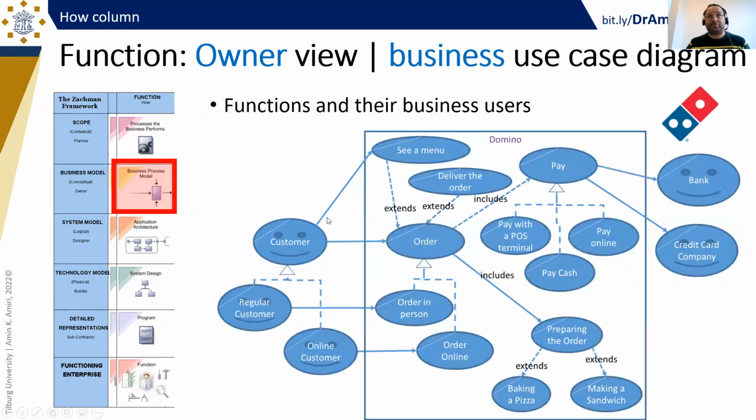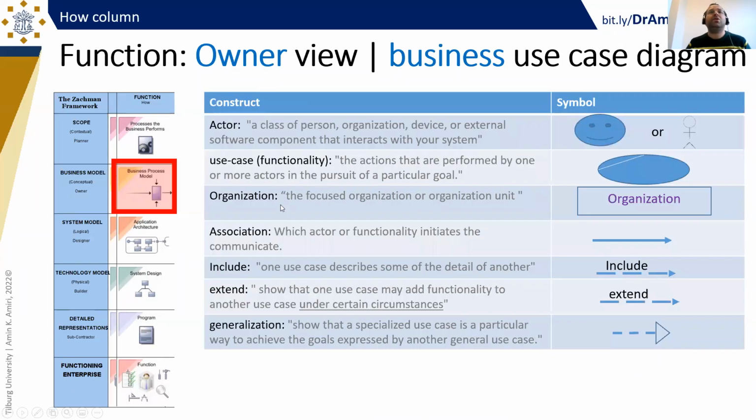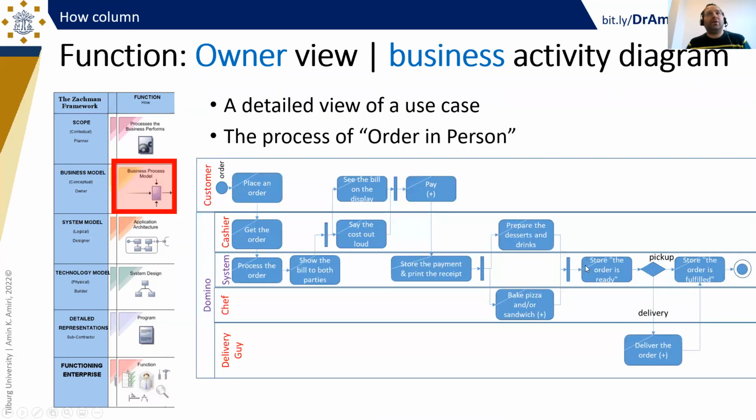For each of these functions, use cases, we can also have a business activity diagram, which provides a detailed view of that use case. So in the process of ordering in person, you can see that several actors inside the Domino organization are involved: a chef, a delivery person, the system itself, and a cashier. And this is also a customer.